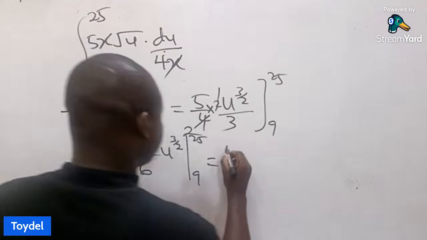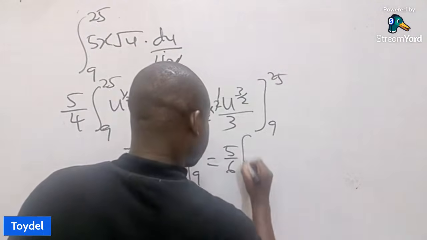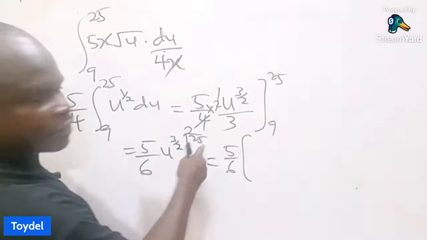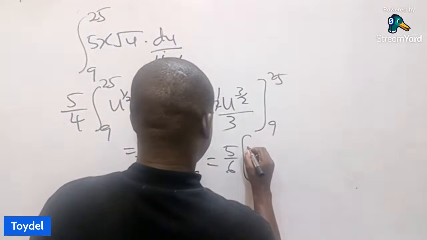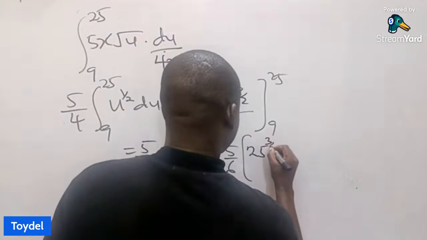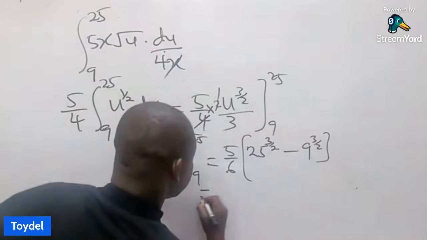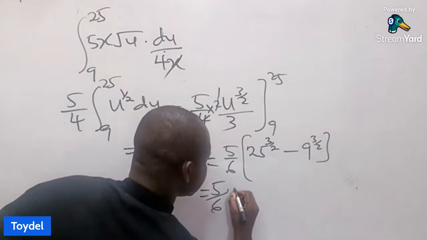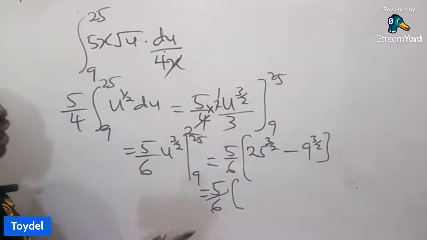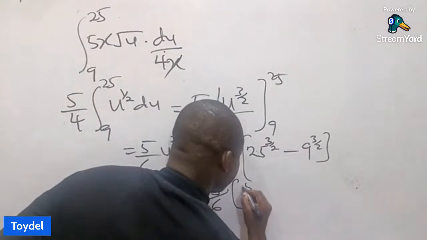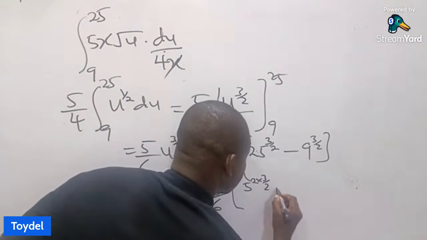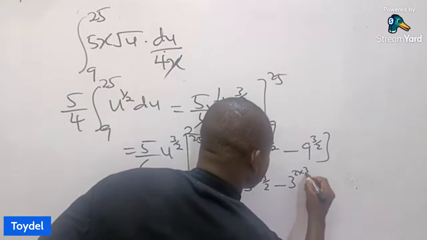Then here we are going to have 5 over 6 into bracket: when u is equal to 25, we have 25 to the power 3 over 2 minus 9 to the power 3 over 2. So what do we get from there? We have 5 over 6 into bracket; I can rewrite this as 5 squared to the power 3 over 2 minus 3 squared to the power 3 over 2.